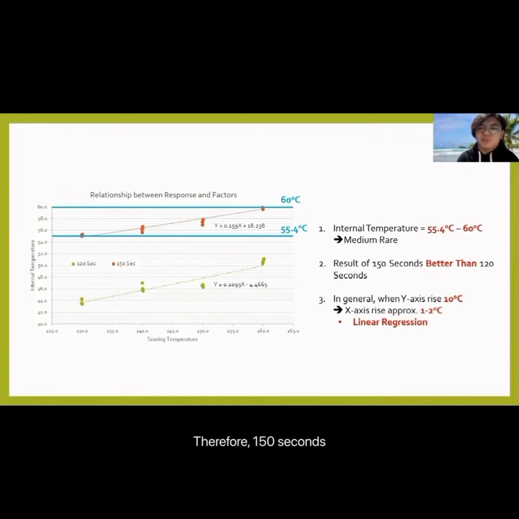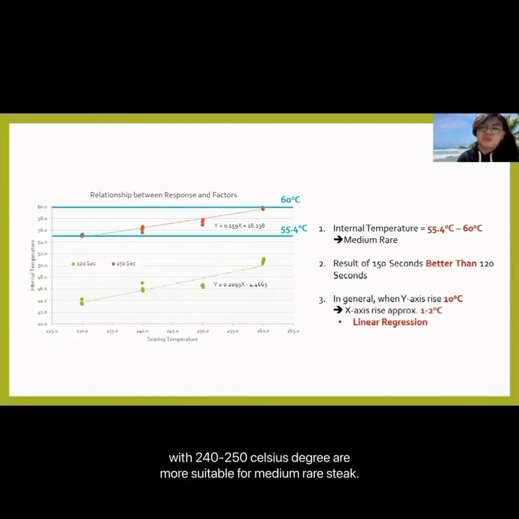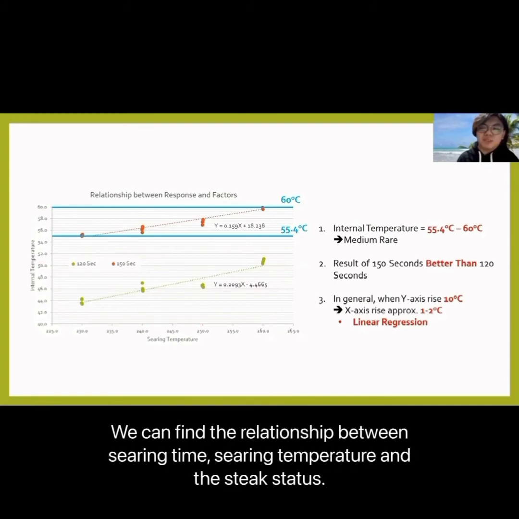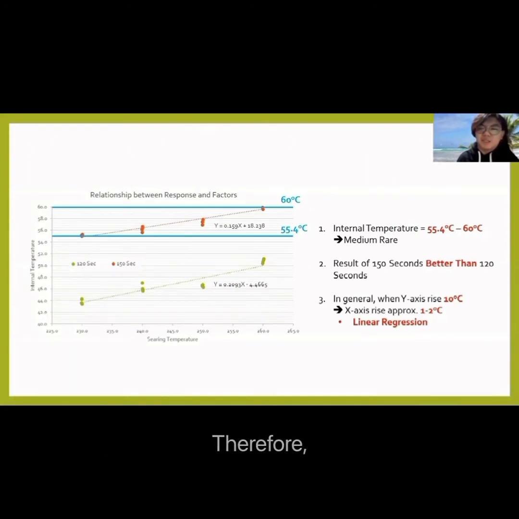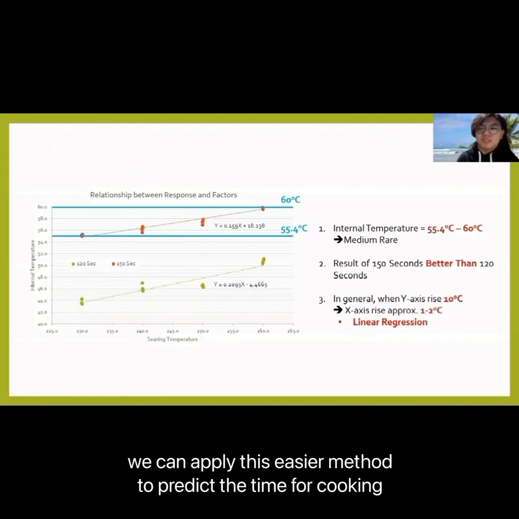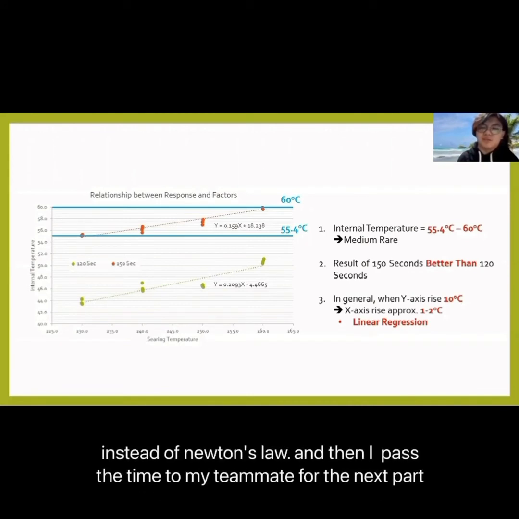Therefore, 115 seconds with 214 to 215 Celsius degrees is more suitable for medium rare steak. And by linear regression, you can find the relationship between searing time, searing temperature, and the steak status. Therefore, we can apply this easier method to predict the cooking time instead of Newton's law.